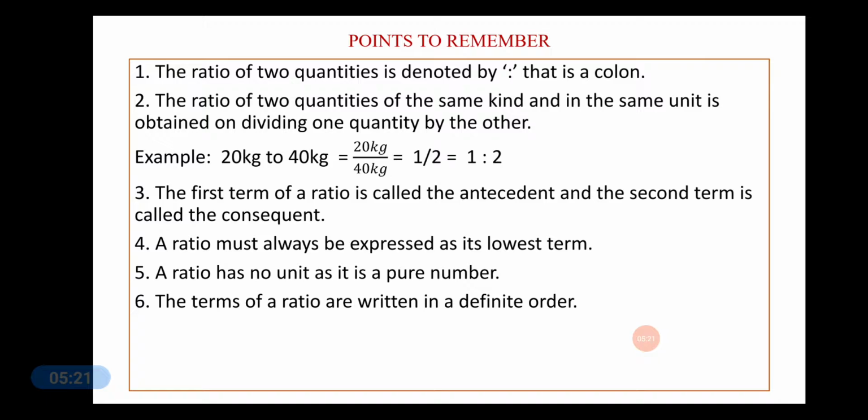If you are finding out the ratio of 20 kg is to 40 kg, it will always be written as 1 is to 2. You cannot write it as 2 is to 1, because 2 is to 1 will mean that you are finding out the ratio of 40 kg to 20 kg.